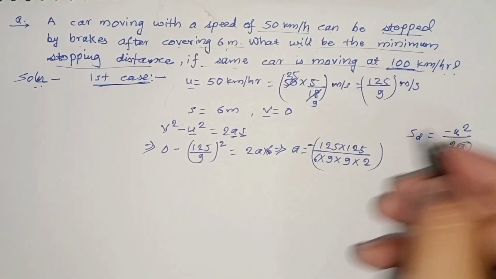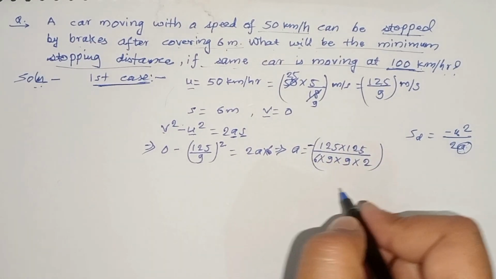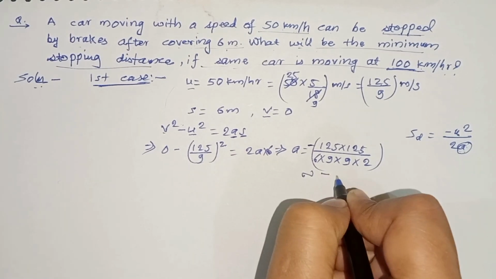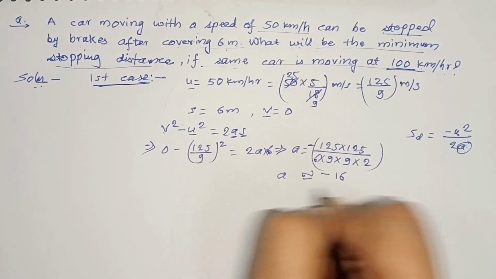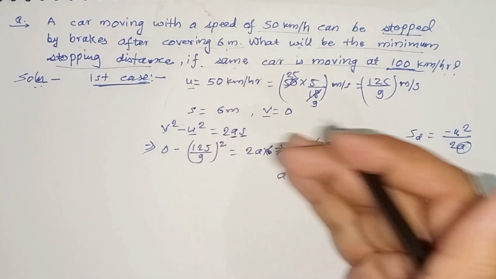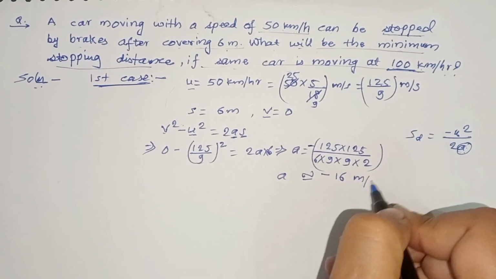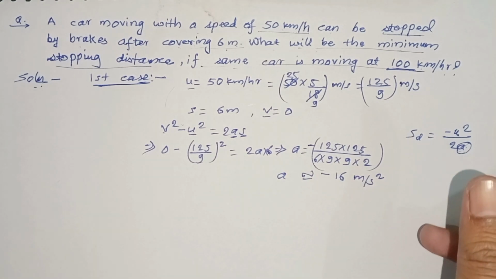Let's calculate it. After calculation it comes approximately to 16. This is minus 16, so a equals minus 16. Why is it minus? Because it is working against the motion. This acceleration is working to stop the car.